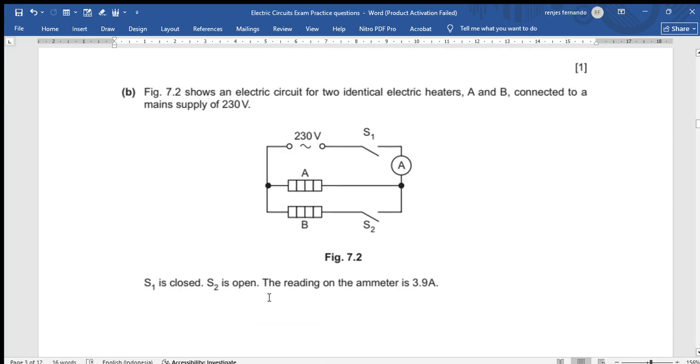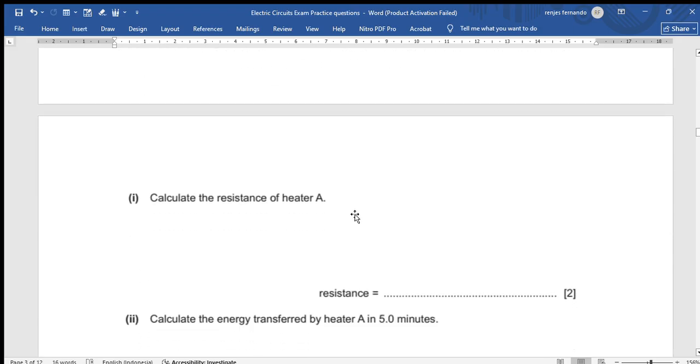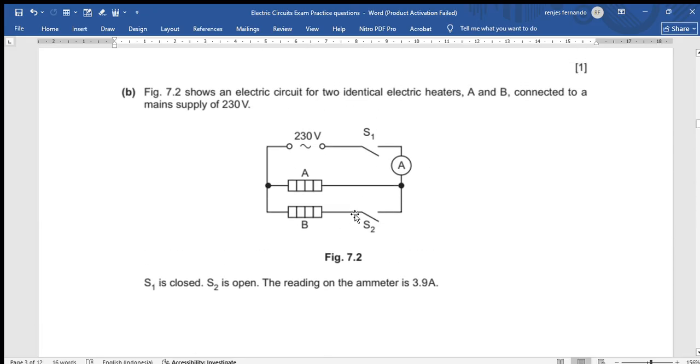The next one: S1 is closed, S2 is open. The reading on the ammeter is 3.9, and the source is 230 volt. Calculate the resistance of heater A. The condition is S1 is closed, S2 is open.